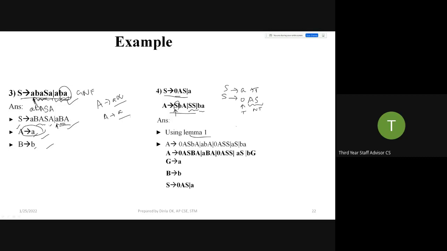So here in A, we are replacing A, which is SBA or SS or BA.